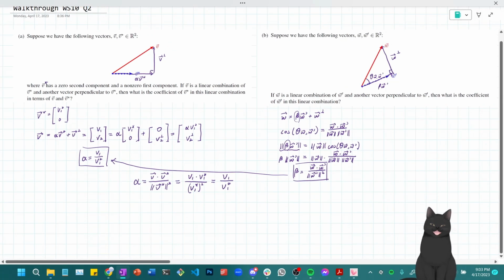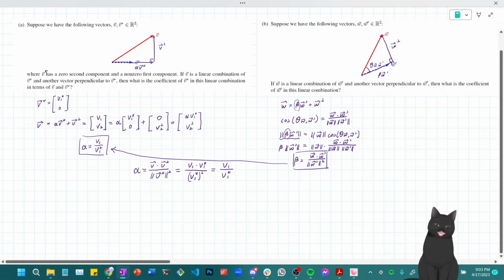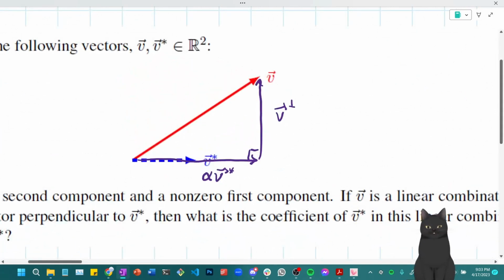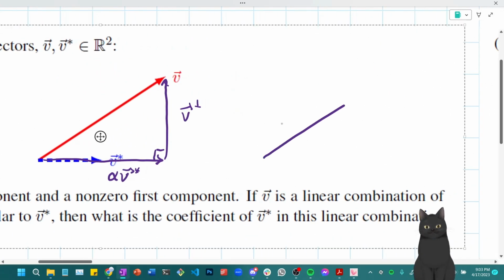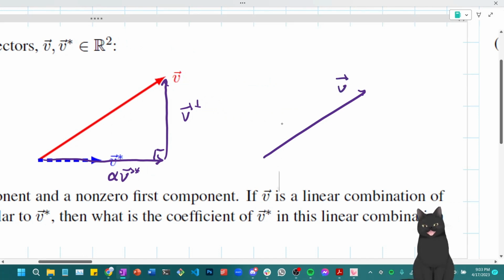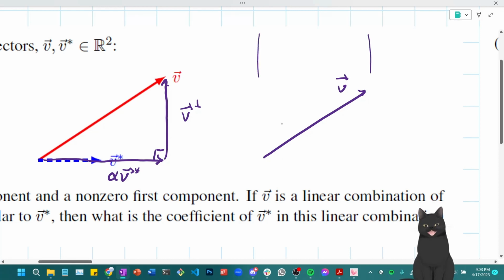Okay, so what's the deal with the coefficient? Why are we finding the coefficient? Well, let's look at a perspective here on part A and address the problem. Suppose once again I have a vector v and another vector that is supposed to lie here, and say that I have a light that hits right from above to below. Then what is the vector that lies on the ground?